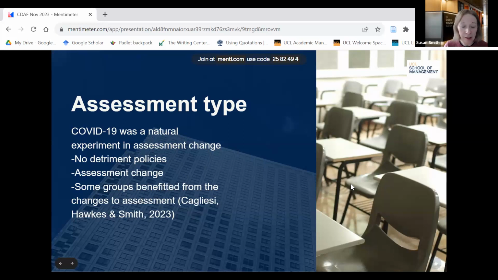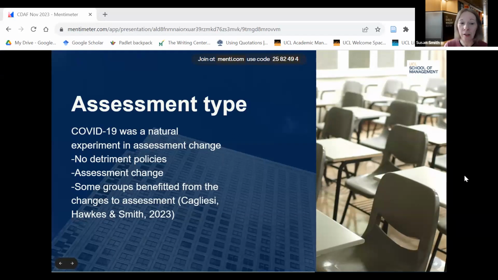With some colleagues, we looked at students and the effect of no detriment policy that was in place at one UK institution, and the changes to the assessments with a big data set of all the students.